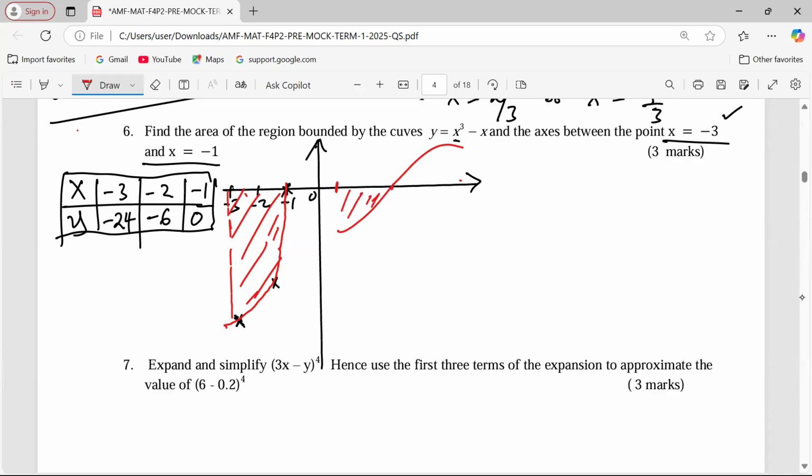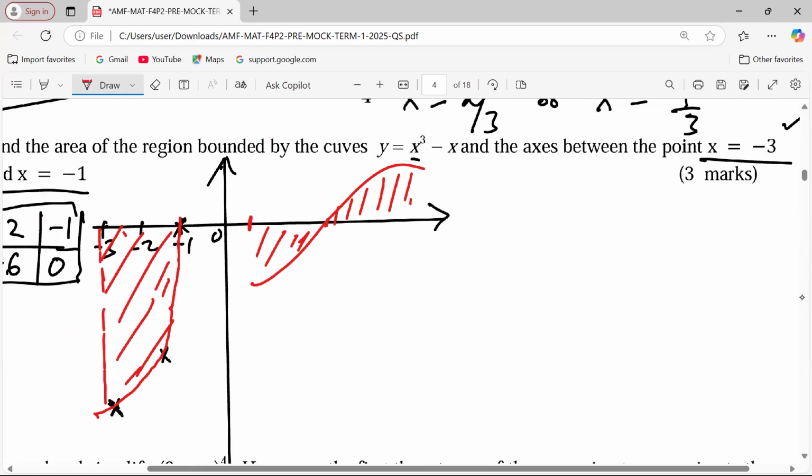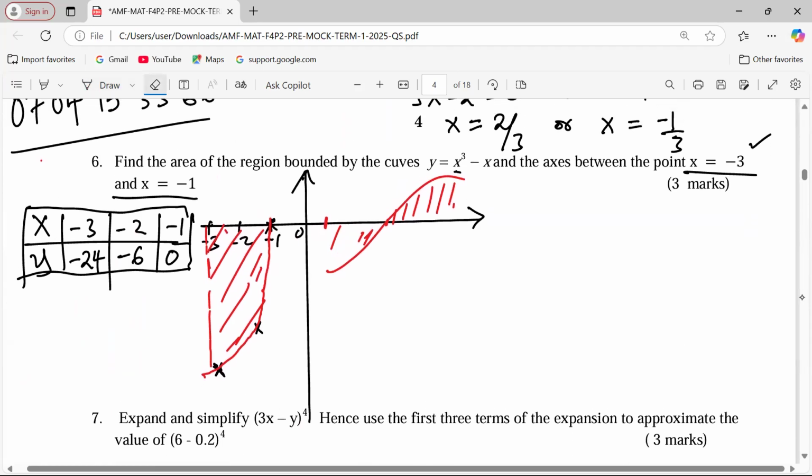And as you continue up to this value, the area is changing its location to the upper side, and it is within a given limit. Therefore, you're supposed to integrate twice. But for our case, the integration will only happen once. We integrate once from -3 all the way to -1.